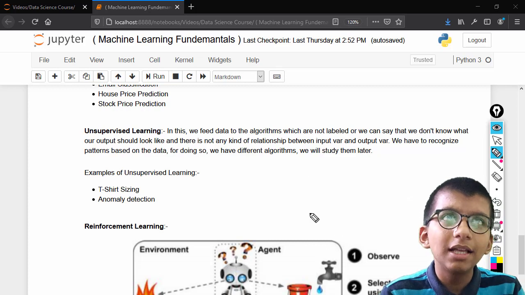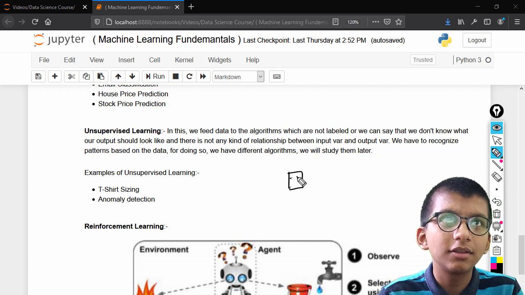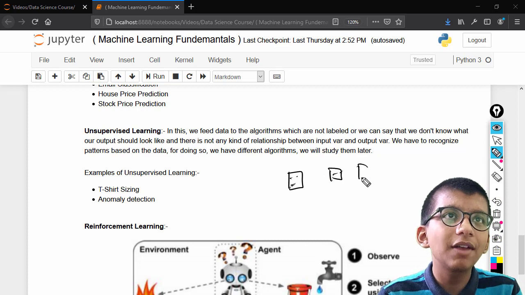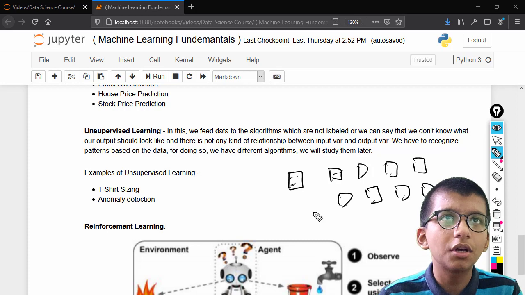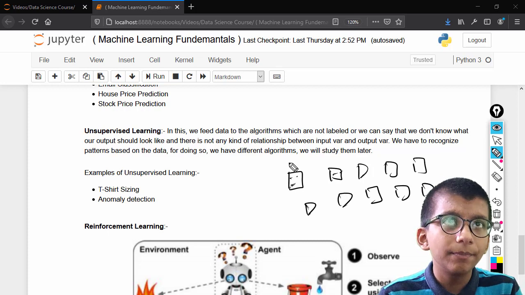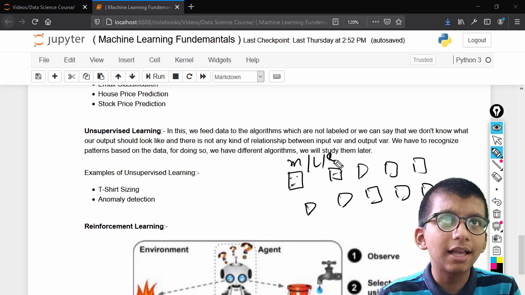Let's take an example where we have a t-shirt, and we have to classify this t-shirt into M, L, and XL.